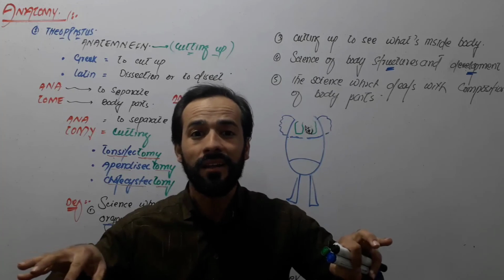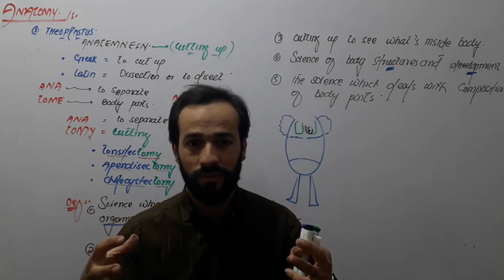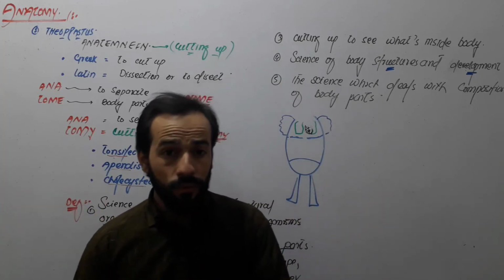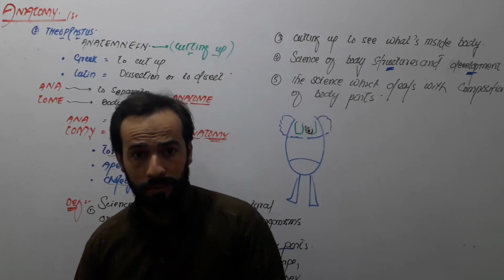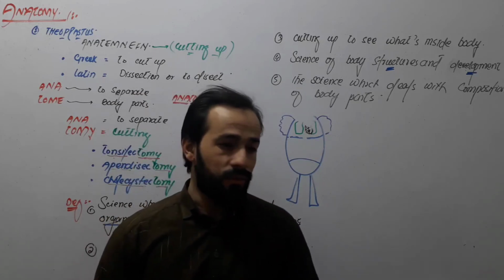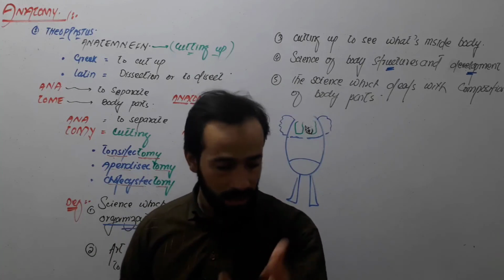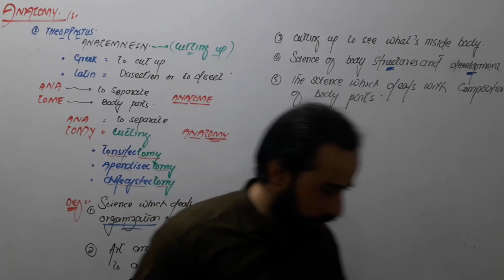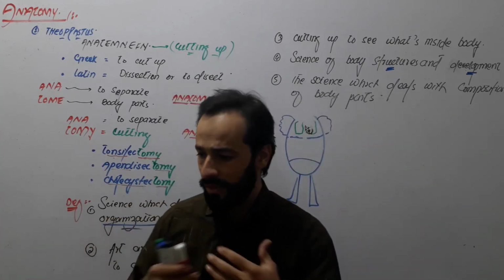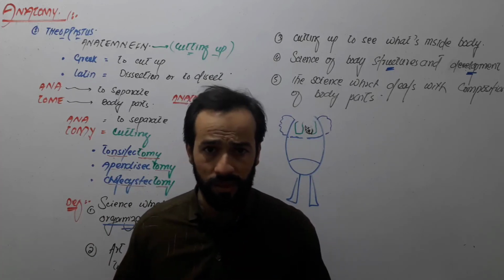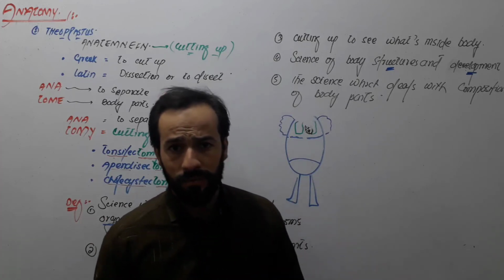These are all the structures of this room, right? And if you want to know about the anatomy of a mobile, or of many things that we can see in our surroundings, you can do the anatomy of them, right?